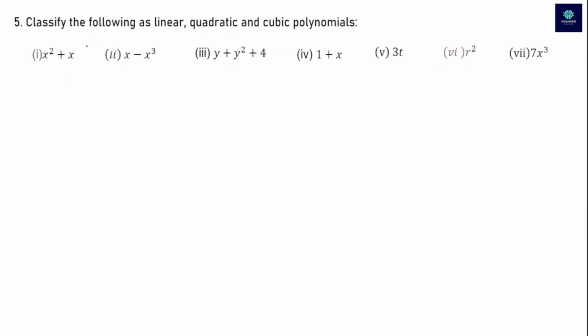Coming to the last question of this exercise, we have to classify the given polynomials as linear, quadratic and cubic. So linear polynomials have the highest degree of the polynomial as 1, quadratic have their highest degree as 2, and cubic have the highest degree as 3. The first question, x raised to the power 2 plus 1.